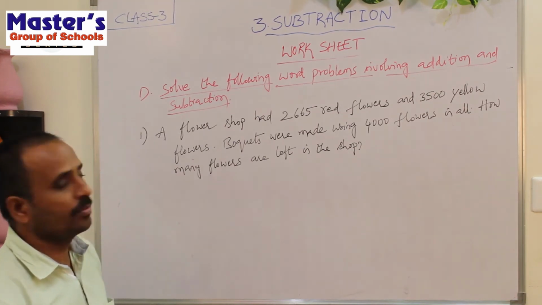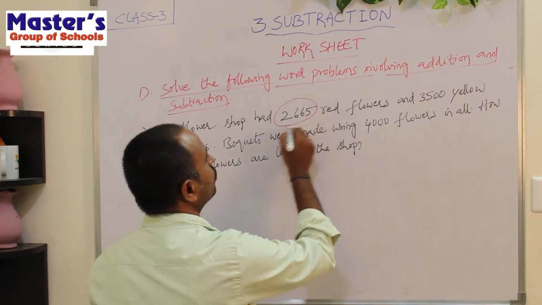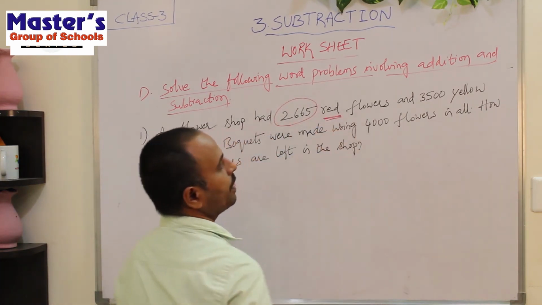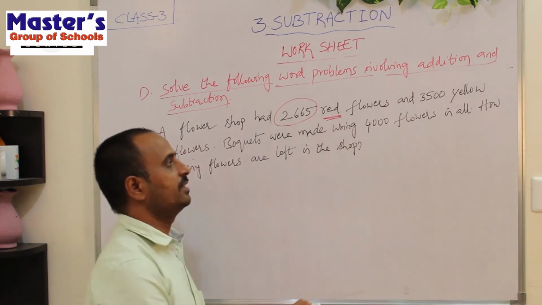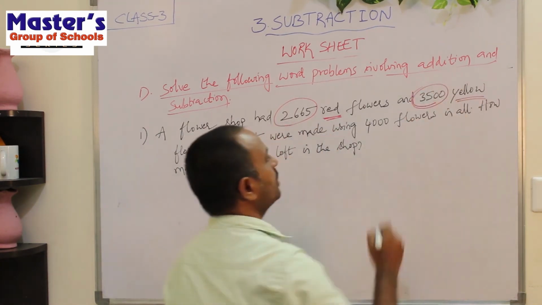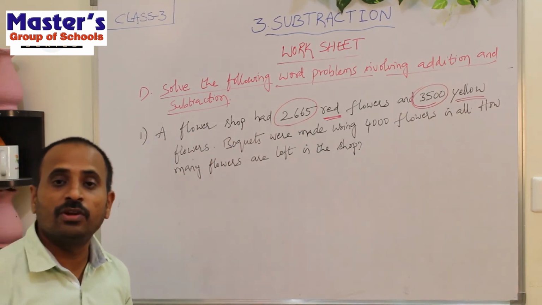Let us see the problem again. How many red flowers are there? There are 2665 red flowers. And how many yellow flowers are there? There are 3500 yellow flowers. That means how many total flowers are there?